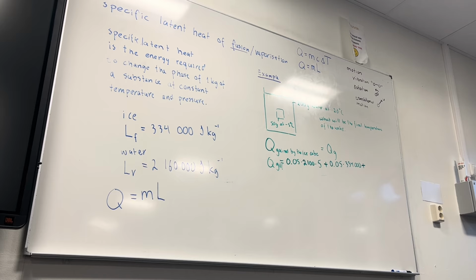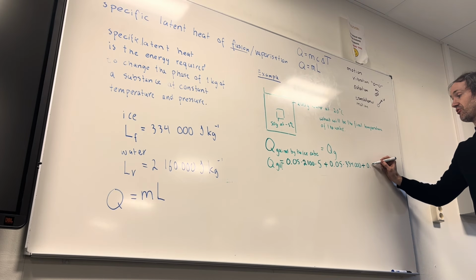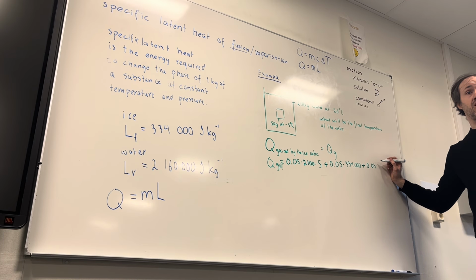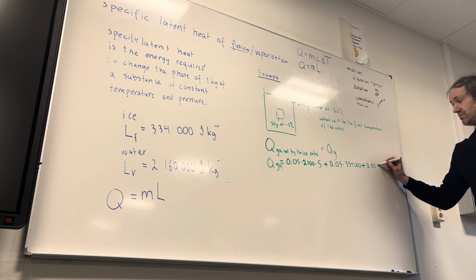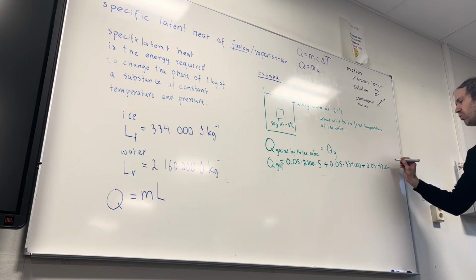The temperature is going to increase. So we take now 0.050 times the specific heat capacity of water, which is 4.18, so 4,200. An increase of temperature to what temperature actually?